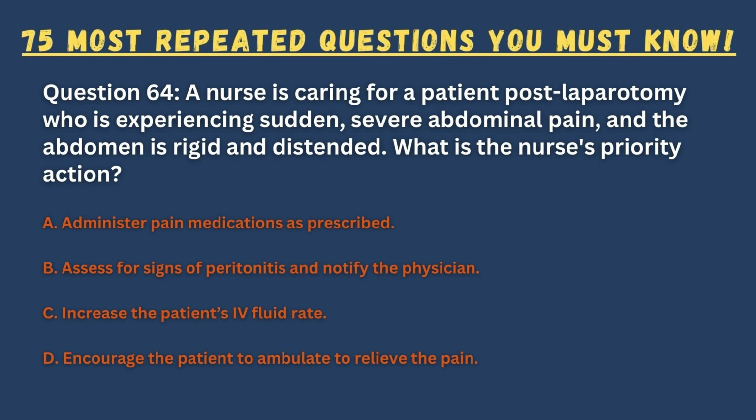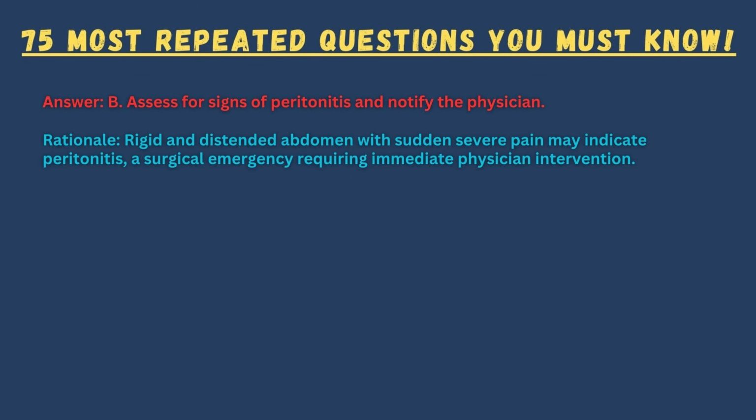C. Increase the patient's IV fluid rate. D. Encourage the patient to ambulate to relieve the pain. Answer. B. Assess for signs of peritonitis and notify the physician. Rationale. Rigid and distended abdomen with sudden severe pain may indicate peritonitis, a surgical emergency requiring immediate physician intervention.